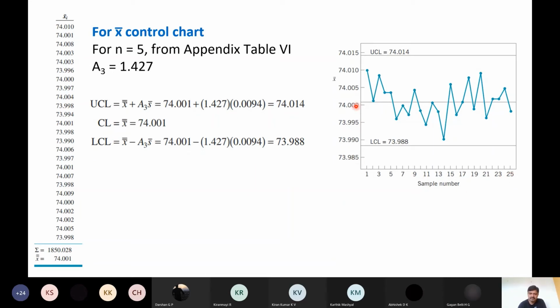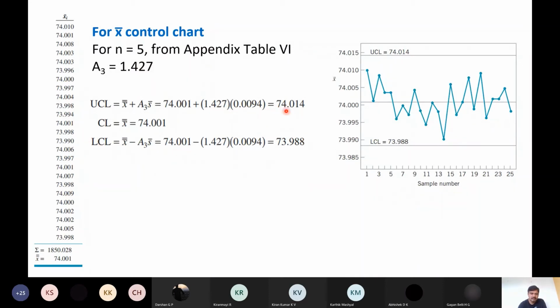Then on the y-axis, look at the values, which is the minimum value and which is the maximum value. Then you will get an idea regarding what scale you need to take for the y-axis. First consider the maximum and minimum values in this column. That is one thing. Then also consider the values of the upper control limit and lower control limit.